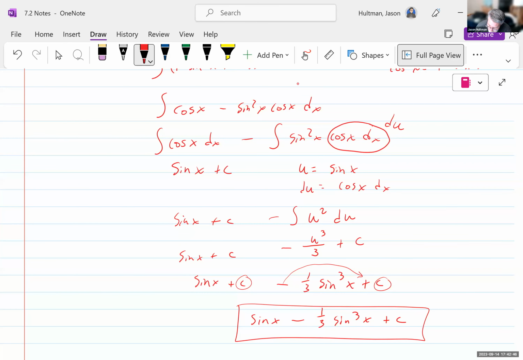It would still be c, because c could be like 5 or 7 or negative 100. This c, I call c1, and this c maybe I'll call c2. And we could call this c3, in which c1 minus c2 is equal to c3. Does that make sense?